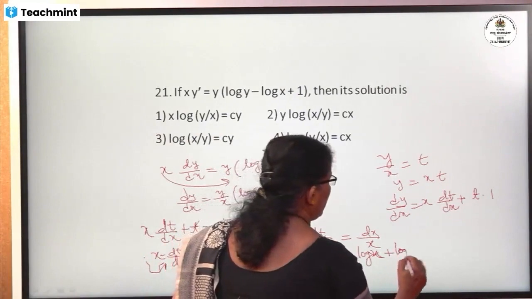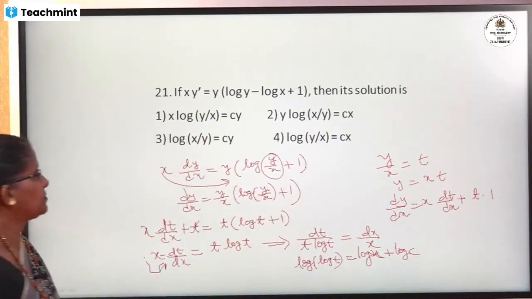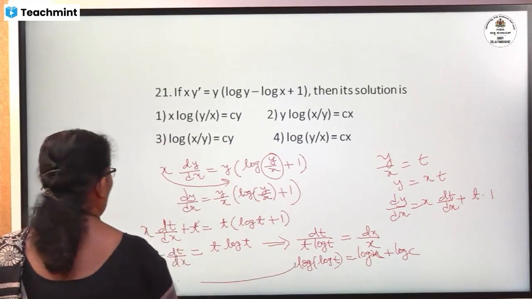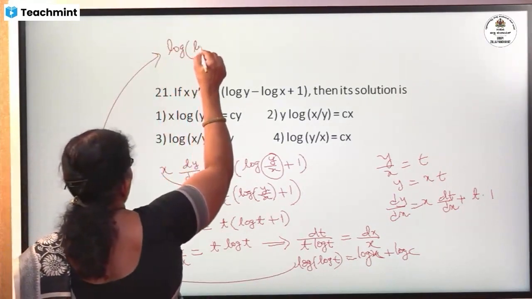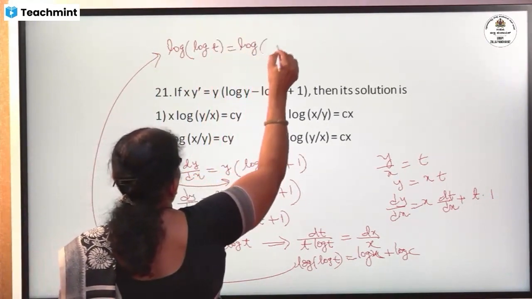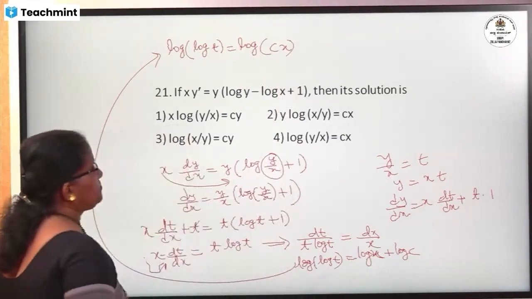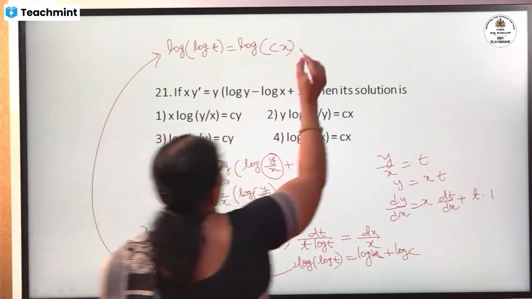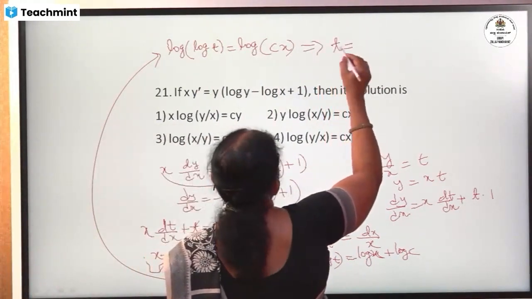Both terms have log, so I will take log c. So this will be log of log t is equal to log cx. Log m plus log n. Log can be dropped on both the sides.